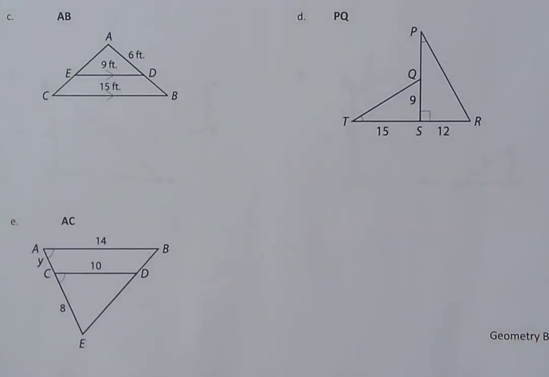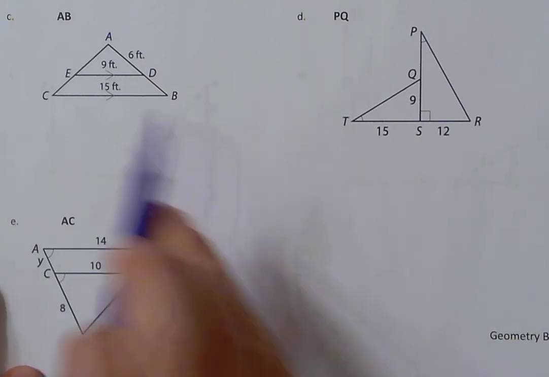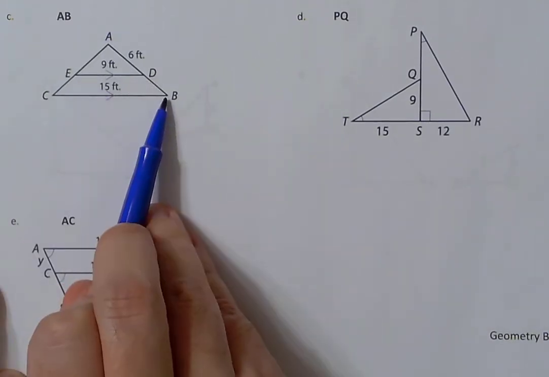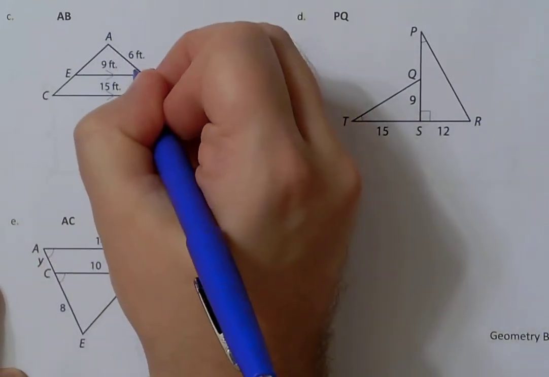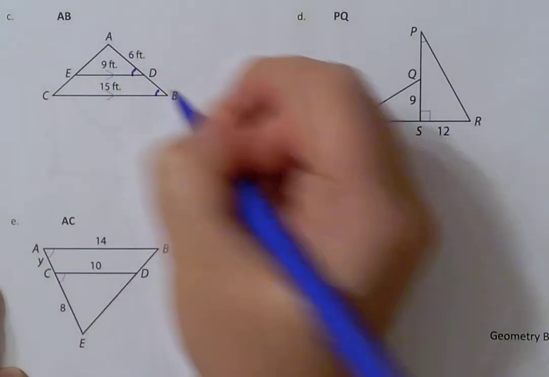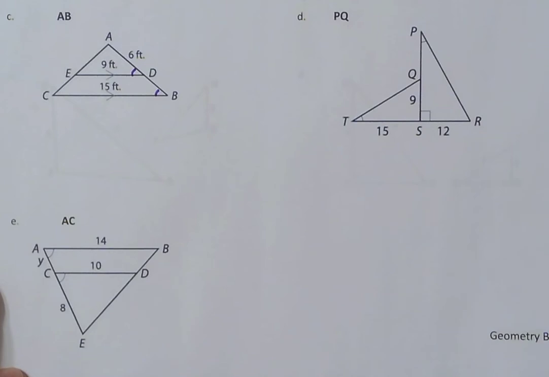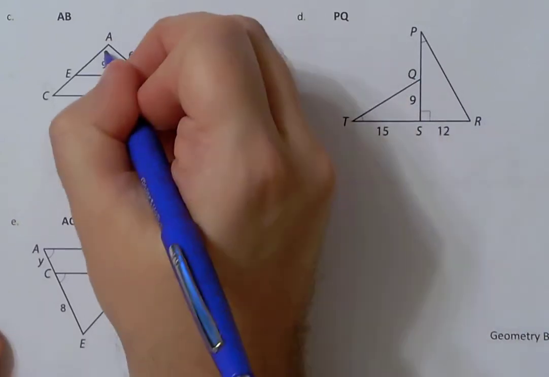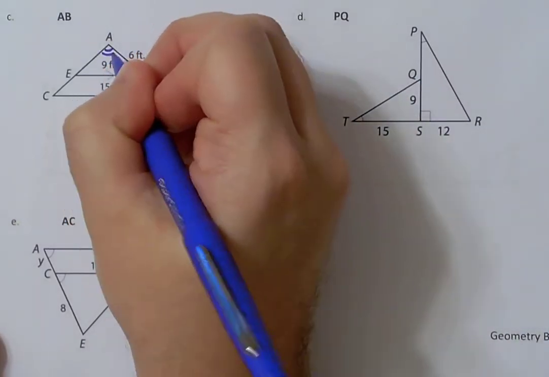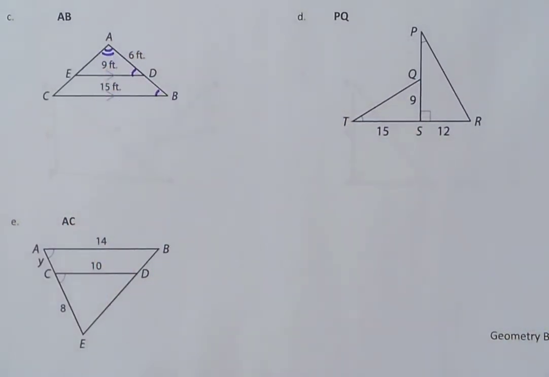for part C, they want us to figure out the length of AB. First of all, because these two lines are parallel, and we can say cut by a transversal, I do know that D and B are congruent to each other based off corresponding angles. And you can say the same for E and C, or we could just say that A is congruent to itself based off the reflexive property.